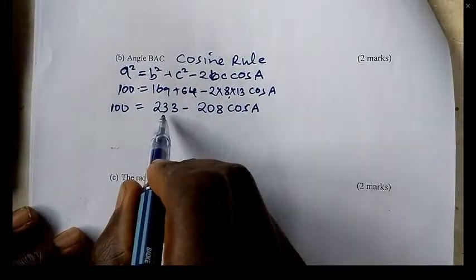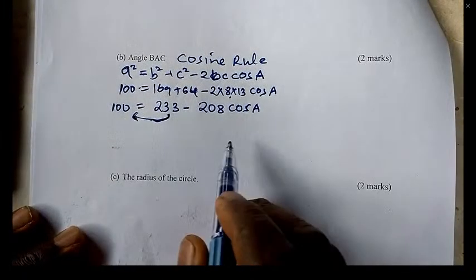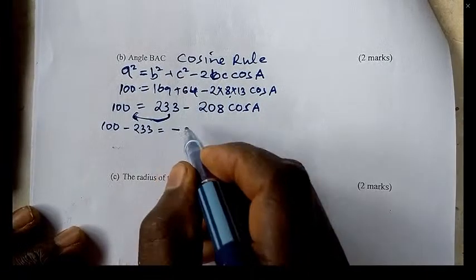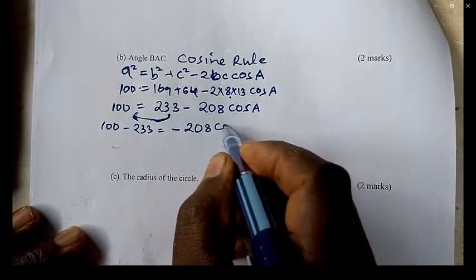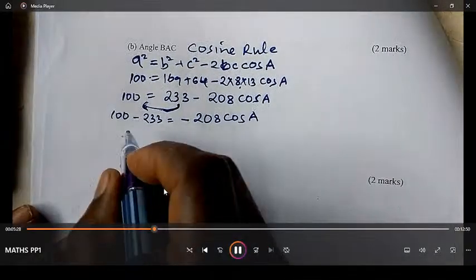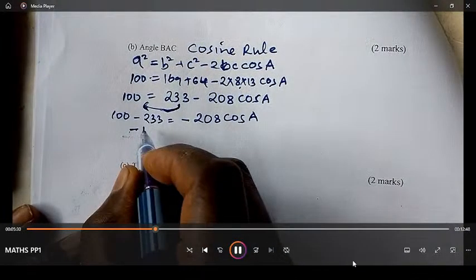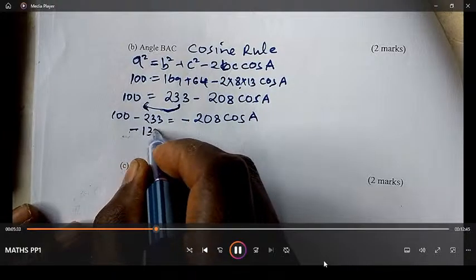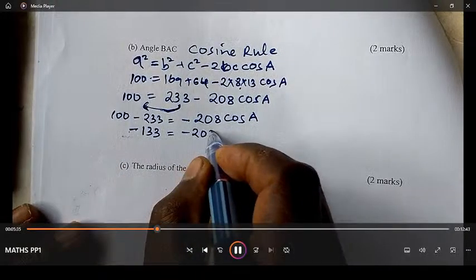Hii tutaipeleka pande ingine, itakuwa 100 minus 233 is equal to minus 208 cos A. Now we subtract here, we are going to have minus 133 is equal to minus 208 cos A.